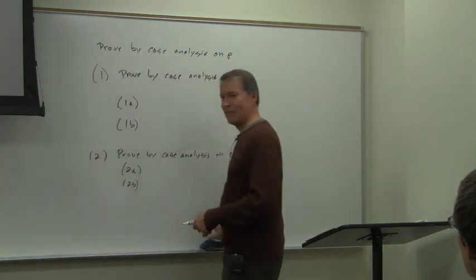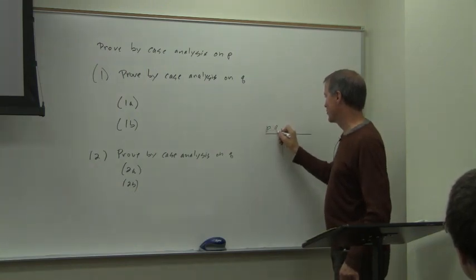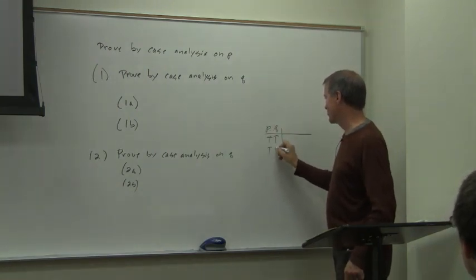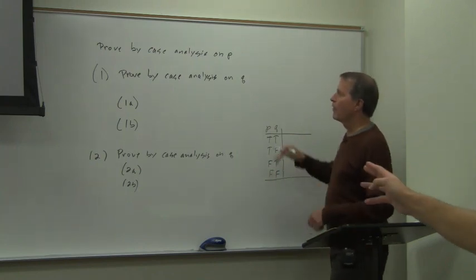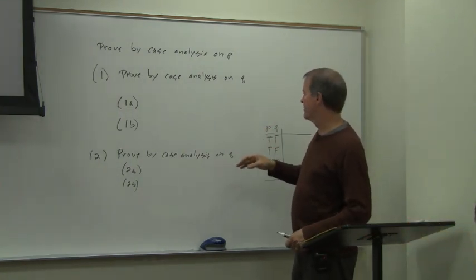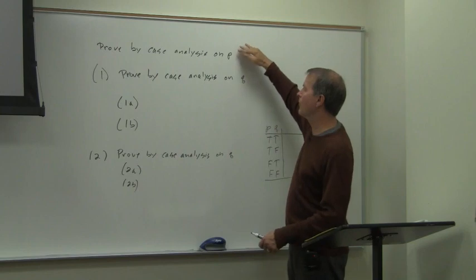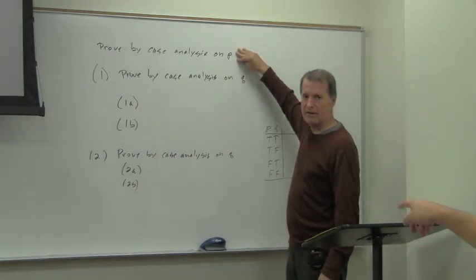Yeah, and those, in fact, are, see, when you did a truth table, true, true, true, false. Oh, yeah. Wait, how's that case analysis on P? Isn't one of them supposed to be P? No, the whole thing is on P. Yeah, but you haven't tested P anywhere.